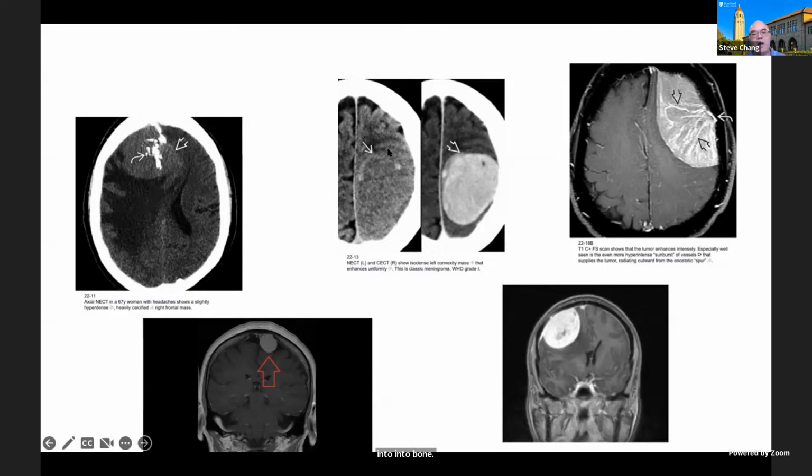When we look at MRI scans, when the MRI is a non-contrast MRI, the meningioma can blend in with the same color as the brain. This is the same patient before and after contrast, and you can see the contrast makes the meningioma stick out very well.